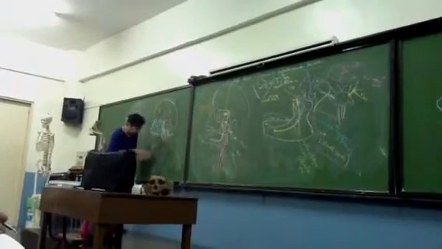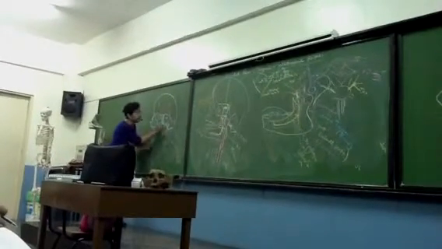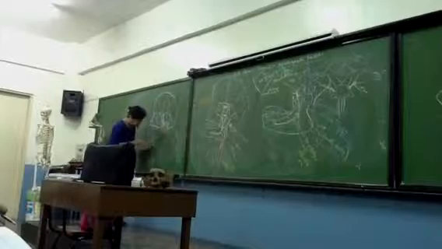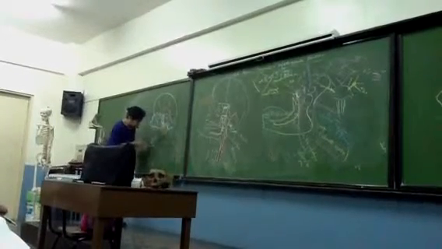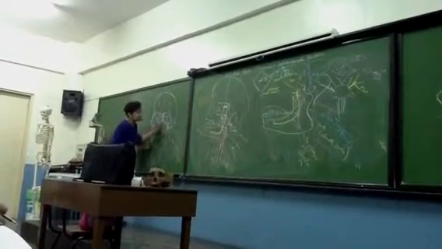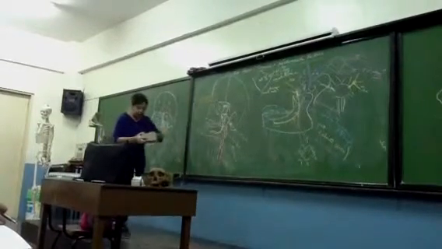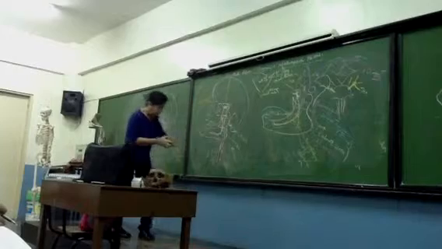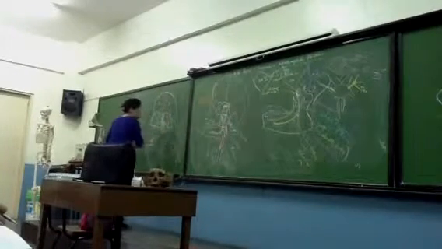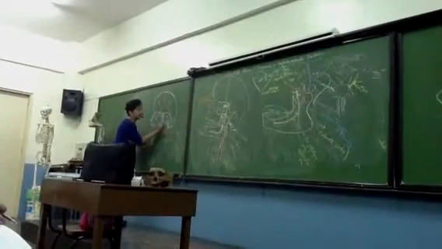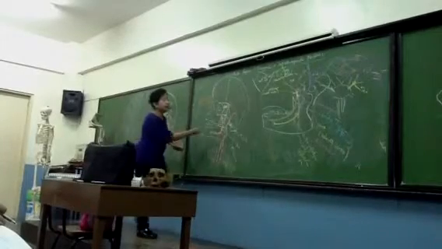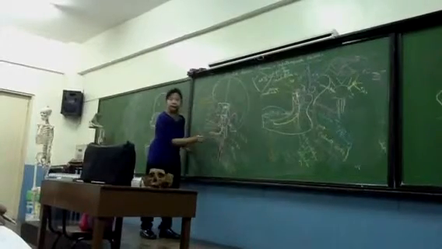These veins, you call the pterygoid plexuses. You have pterygoid plexuses of veins, and these will join to form the internal maxillary vein.